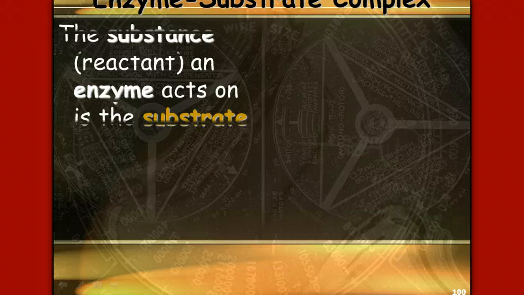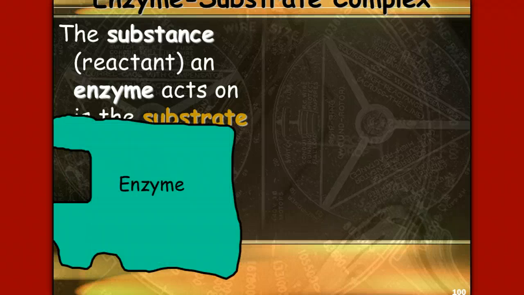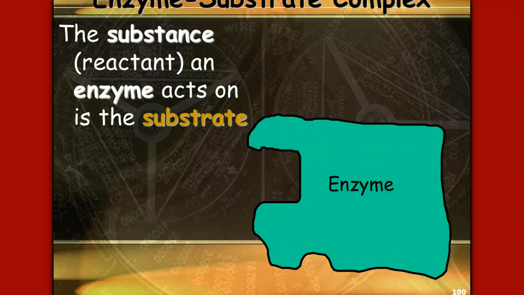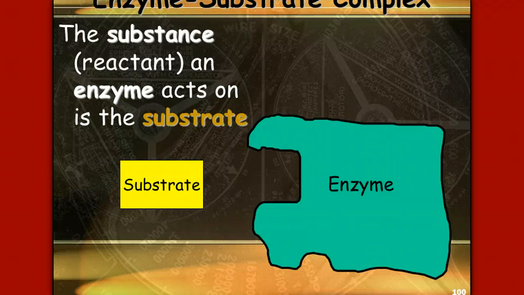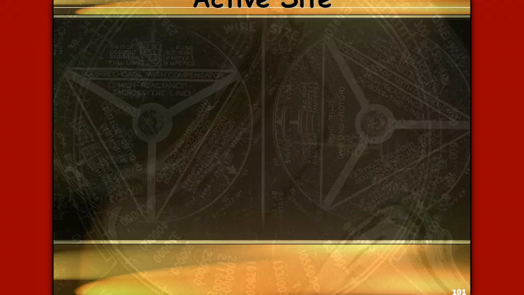So let's take a look at the actual substance, or what we call the enzyme substrate complex. So we've got the big enzyme. You've got this picture at the bottom of your page. The enzyme itself acts on a substrate at what we call the active site, and that's where it joins.